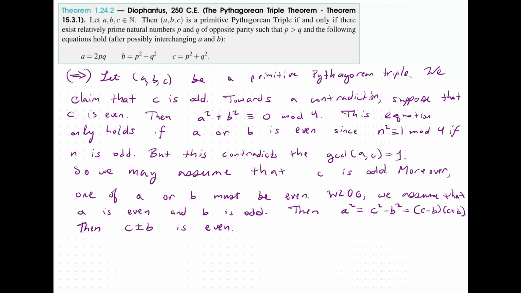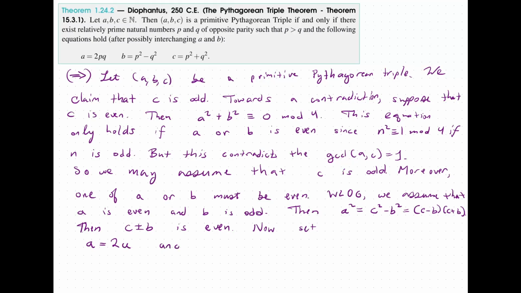And now we're going to go ahead and make a definition. Since we know that A is even, we're going to set A to be equal to 2U.